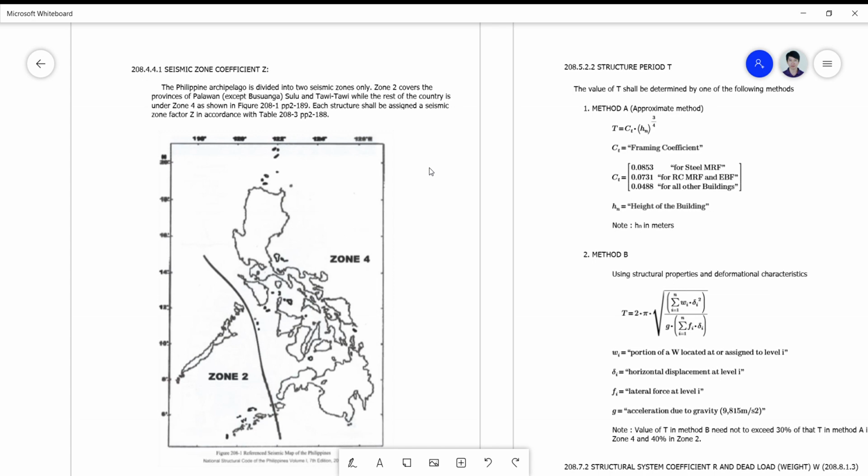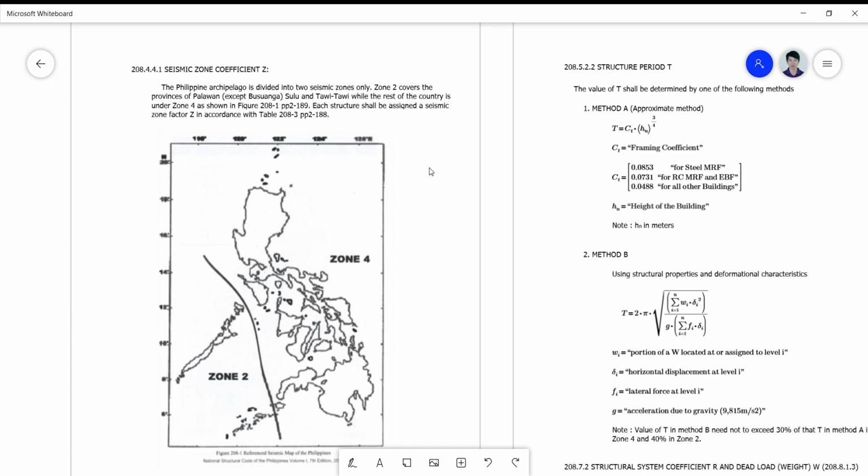These are those which are not part of the provinces of Palawan, Sulu, and Tawi-Tawi, except of course the part of Busuanga, which you can consider as Zone 4.